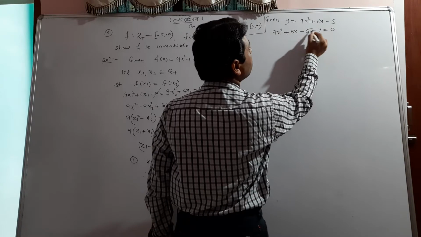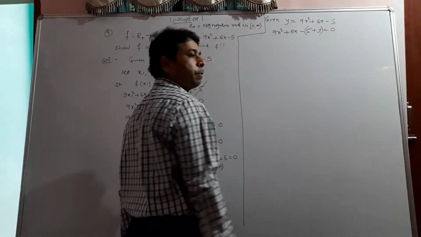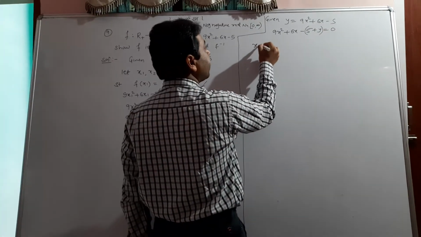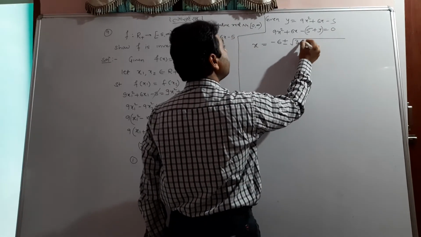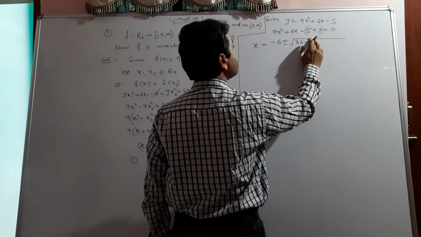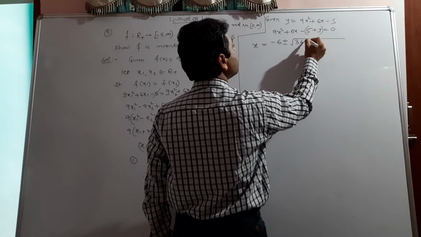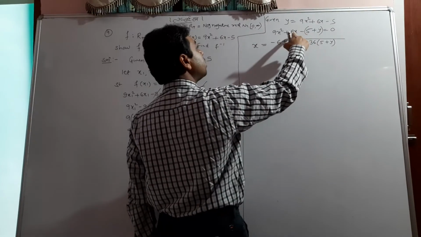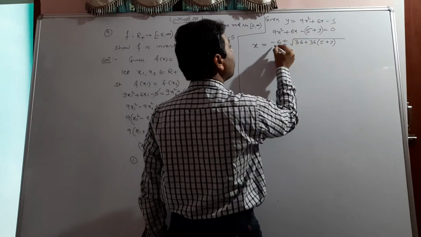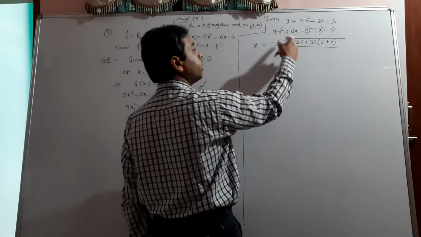I'll take out minus common from these two, it will be plus sign. Now go with x is equal to minus b plus minus square root of b square minus 4ac upon 2a.